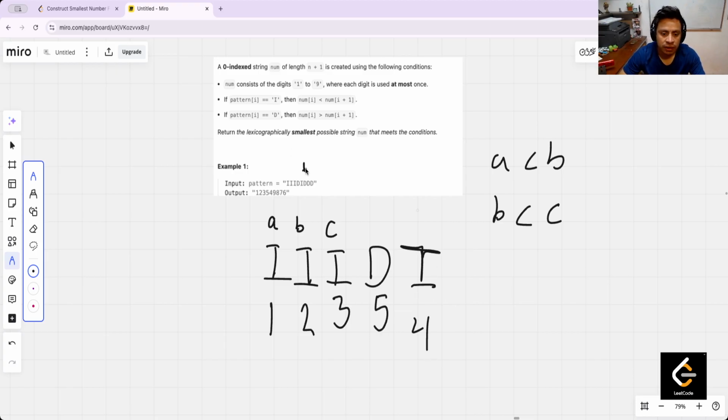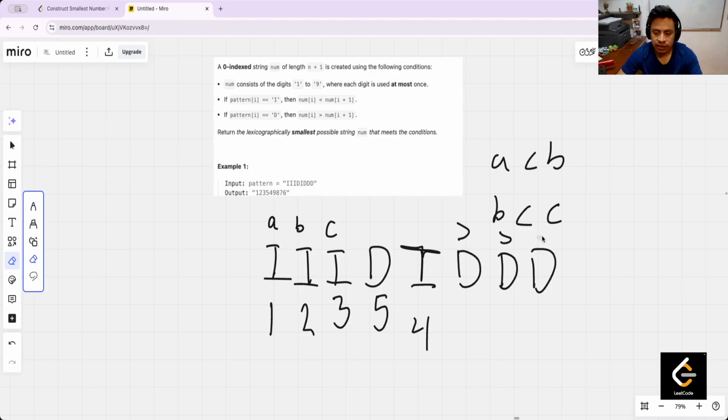Now I'm here at the D. This D should be greater than the next. Here it's another D, which needs to be greater than the next. The next is another D, which means that it should be greater.